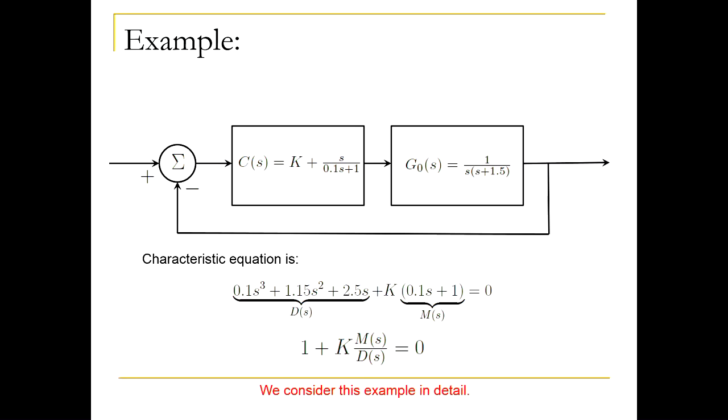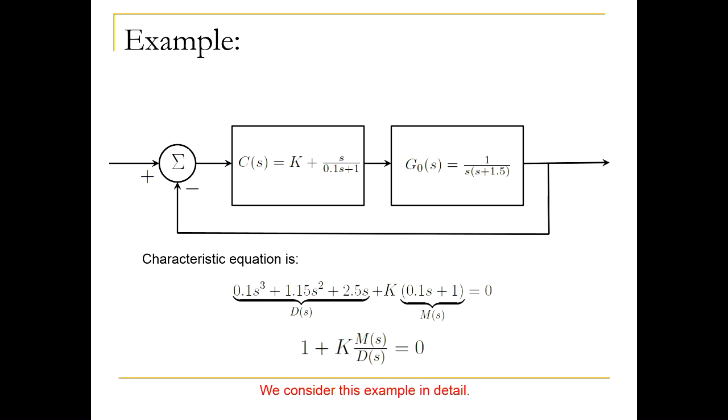So what I need to do first is find the transfer function of this closed loop system. I use algebra of block diagrams and I find the transfer function of this full system. And then whatever is in the denominator would look like this. That's the starting point for me.